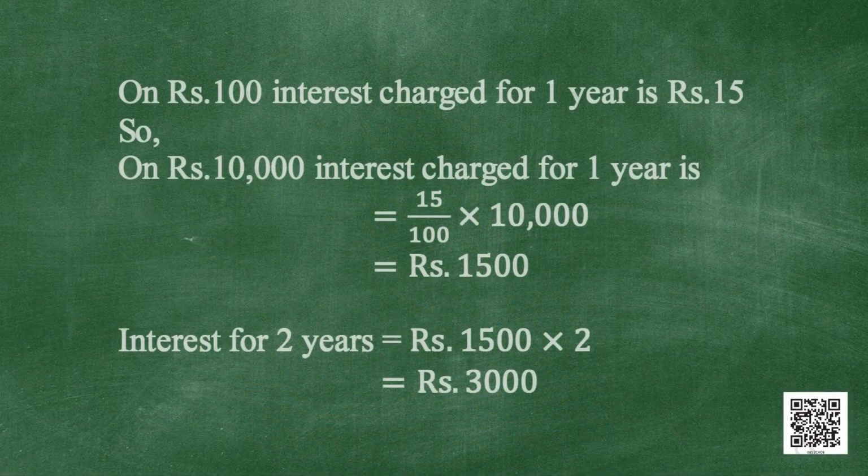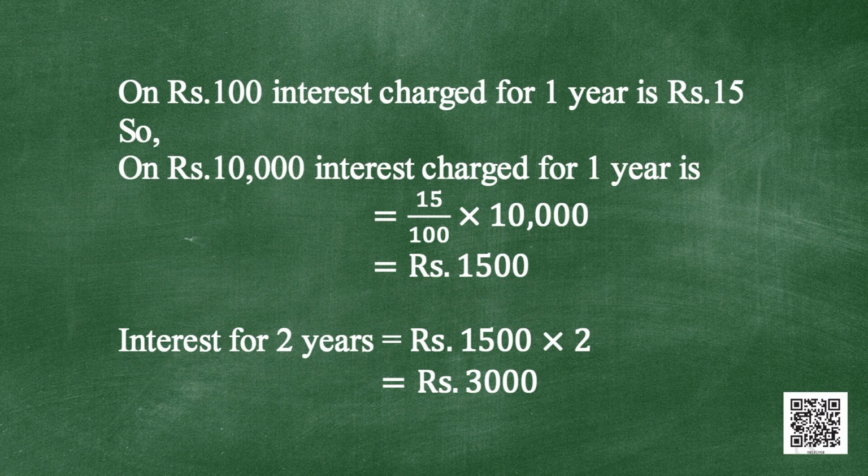Students, note that one can also solve this problem without using the formula. So, let us try to solve in that way. Observe that on rupees 100, interest charged for 1 year is rupees 15. So, on rupees 10,000, interest charged for 1 year is 15 by 100 multiplied with 10,000, that is equal to rupees 1,500.